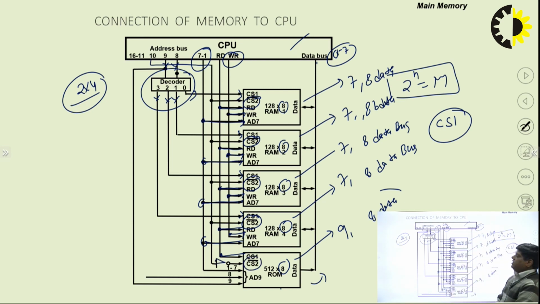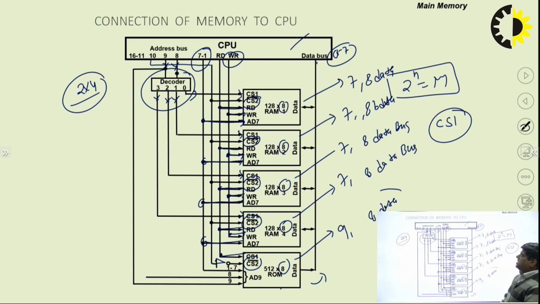It means that when the RAM is active, with the help of this NOT gate, the ROM is not active. At one time, only the RAM or only the ROM is active. If the RAM is active, then the ROM is not active.